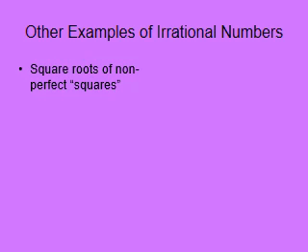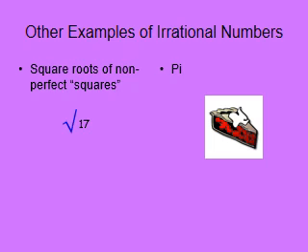Other examples of irrational numbers are square roots of non-perfect squares. So if it is not a perfect square, it is an irrational number. For example, the square root of 17. Also, pi is the most common irrational number. Delicious.